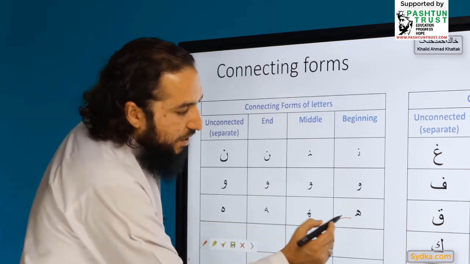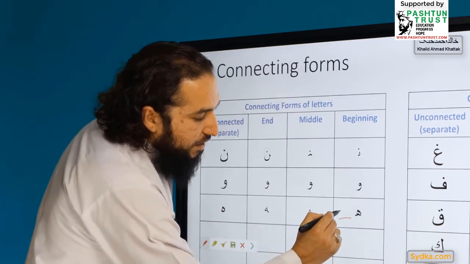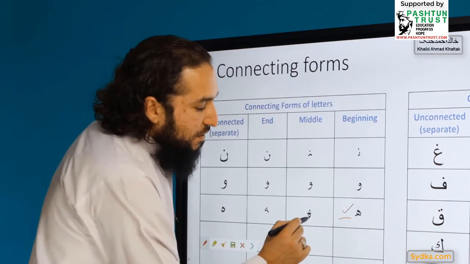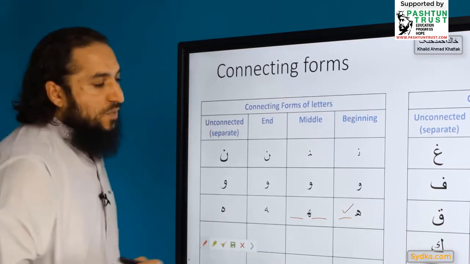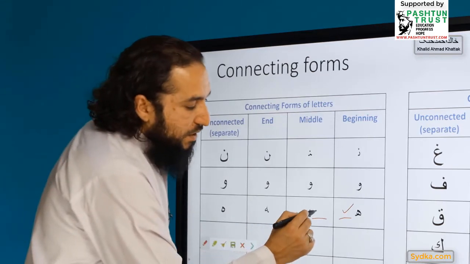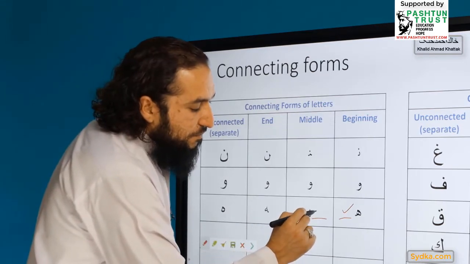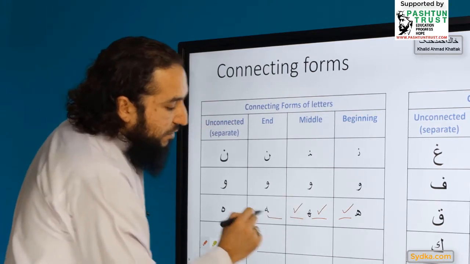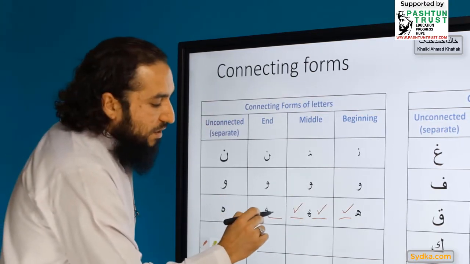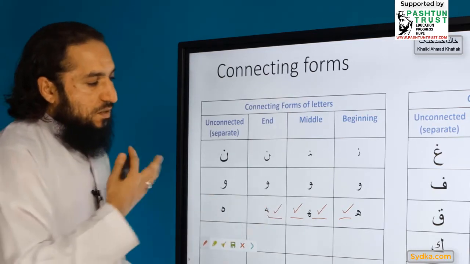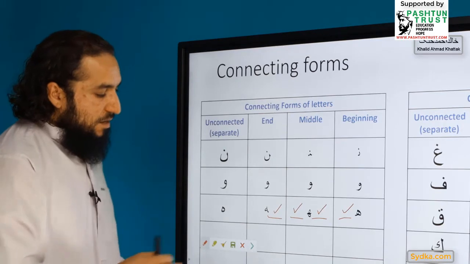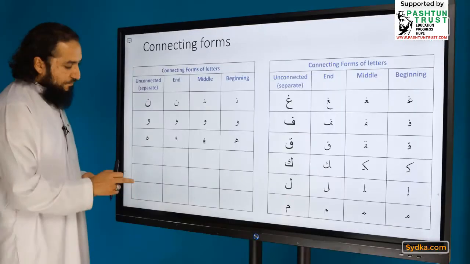If it's written in the beginning, other letters can be connected to it after it. If it's in the middle, you can connect other letters with it before or after it, and if it is at the end, then you can connect other letters before it. So since it fulfills the condition of connecting letters, therefore it is a connector.